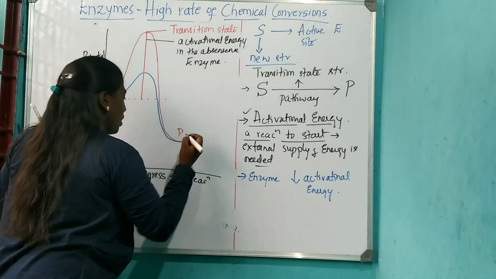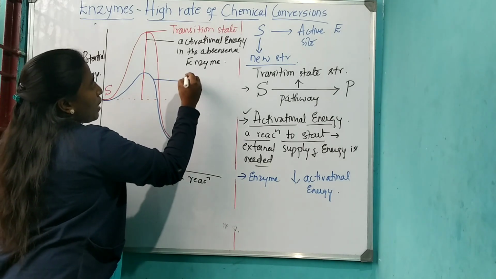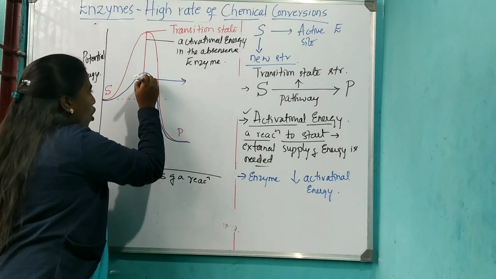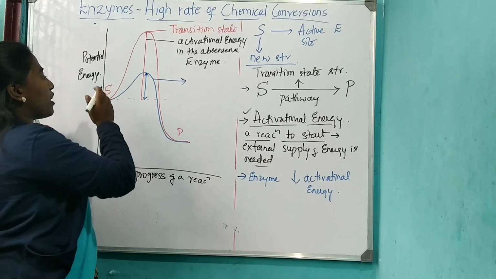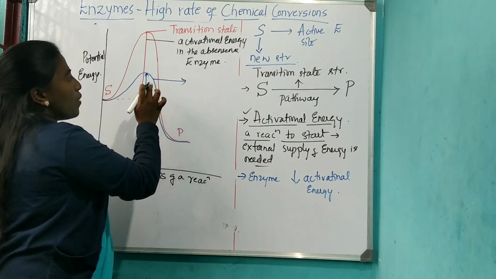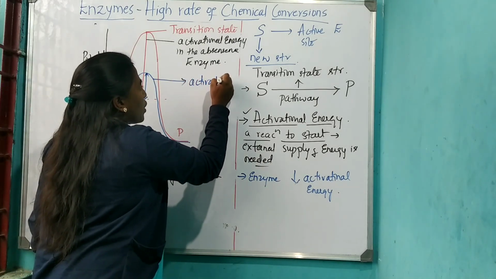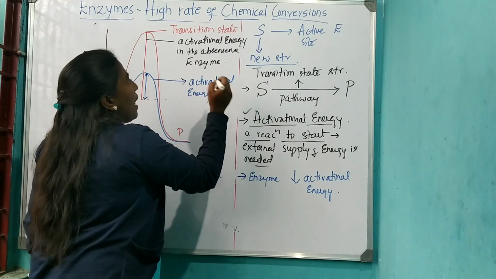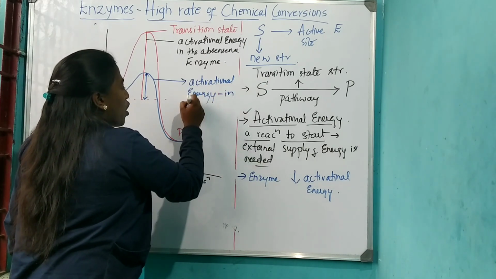Okay, so here can you see? This is a reaction which is occurring in the presence of enzyme. That means only this much activational energy is required for the conversion of a substrate into a product. So this graph shows the activational energy required in the presence of enzyme.